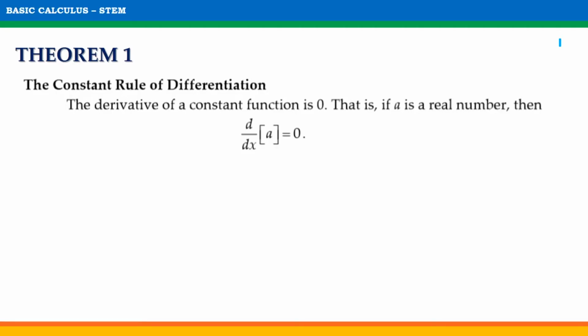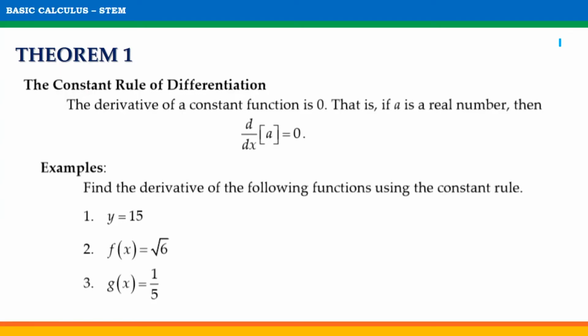For example, find the derivative of the following functions using the constant rule. y is equal to 15. Since 15 is a constant number, then dy over dx is equal to 0. For the second one, f of x is equal to square root of 6.